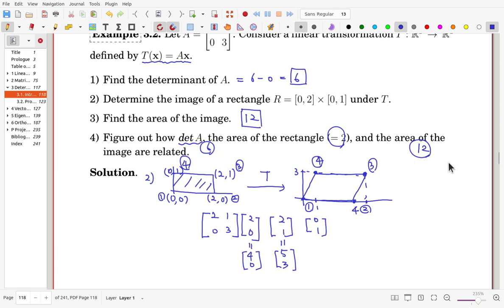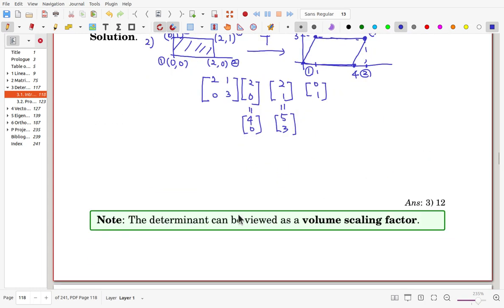So 6 times 2 is 12. The rectangle of area 2 is transformed into an area of 12. In fact, that is a parallelogram. You can easily see that the multiplication is 12. So this is not an accidental case and always happens. So we can say the determinant can be viewed as a volume scaling factor.